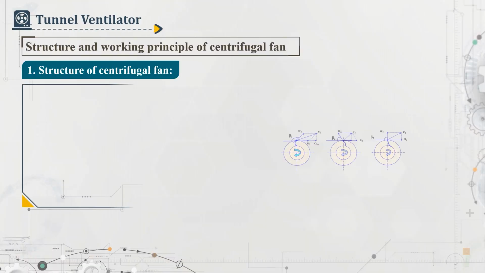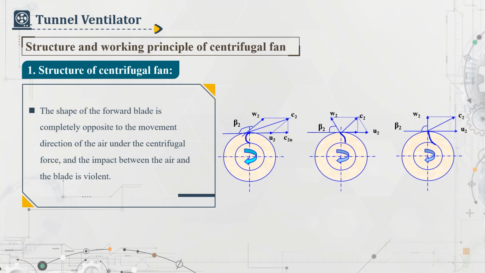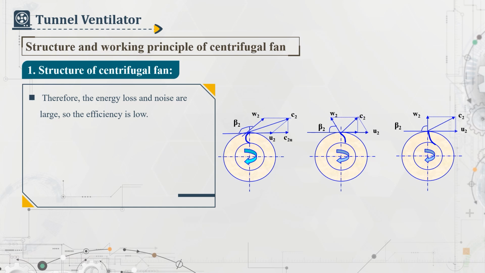The shape of forward blade is completely opposite to the movement direction of the air under the centrifugal force, and the impact between the air and the blade is violent. Therefore, the energy loss and noise are large, so the efficiency is low.